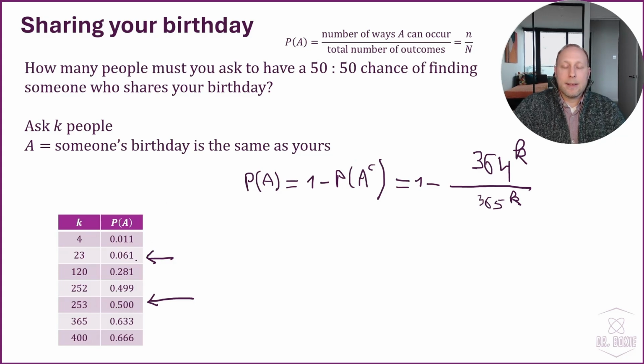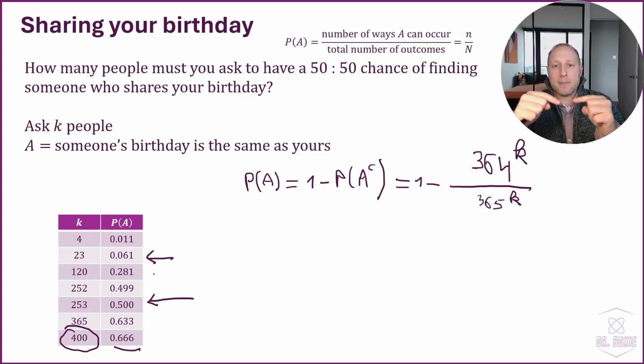Even more than that, there are only 365 days in a year, but even when I ask 400 people that question, there is still only a 66% chance, 67% chance that they share my birthday. How can that be? Well, there are 365 days, of course, but there is nothing that prohibits them from having a common birthday among themselves. If I ask 400 people, most certainly some of them will share their birthday.